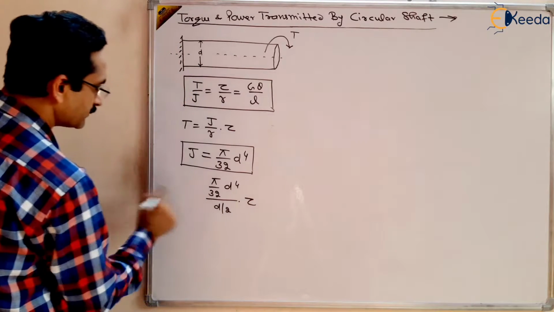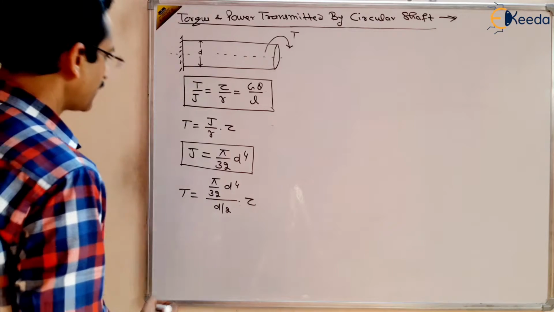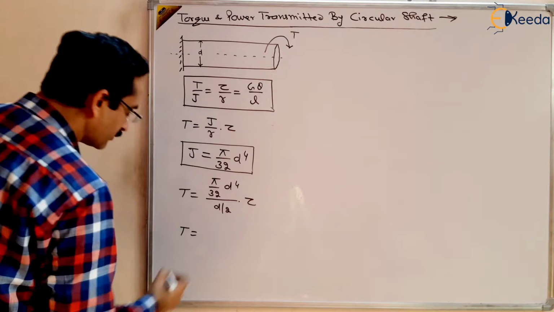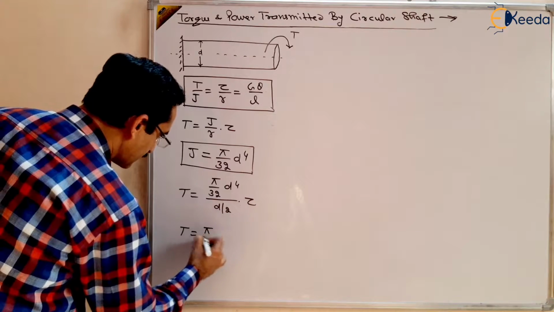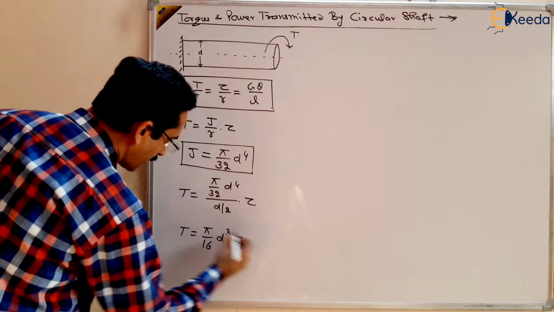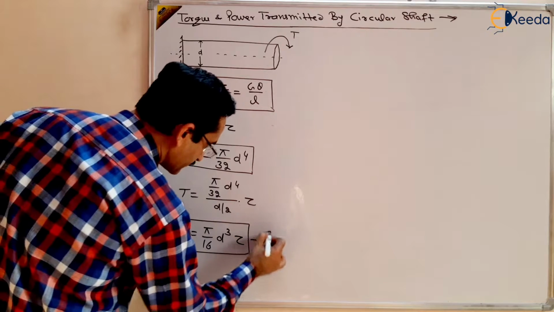So this is the torque in terms of shear stress for a solid shaft. Solve it and you will get torque equal to pi by 16 d cube multiplied by tau.